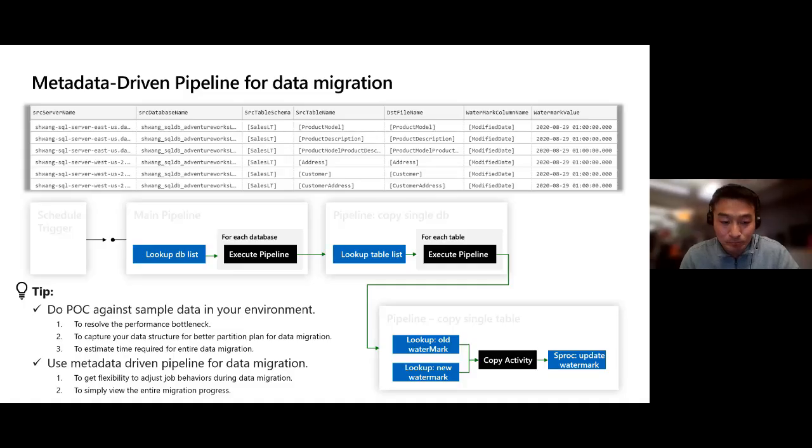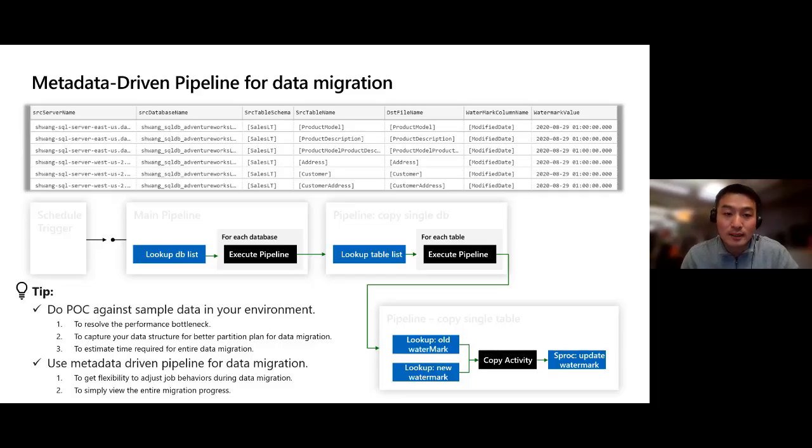After you understand everything through a POC, you can really create a pipeline in production with a metadata-driven solution. You can create a control table, and in each row you define one partition.